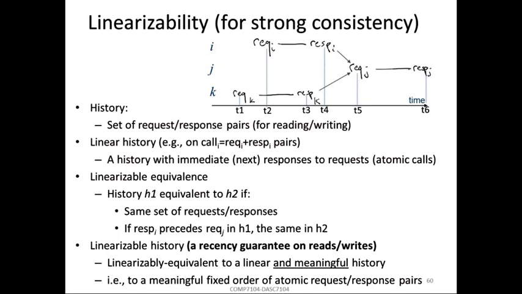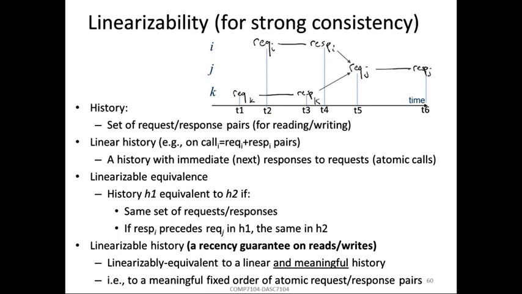First of all, we will define a linear history. A linear history is basically one in which we have an ordering of the form call I, call J, call K, for instance. So no longer working on request response pairs, but on calls. In other words, it's a history of atomic calls. There is no longer a delay between the request and the response.